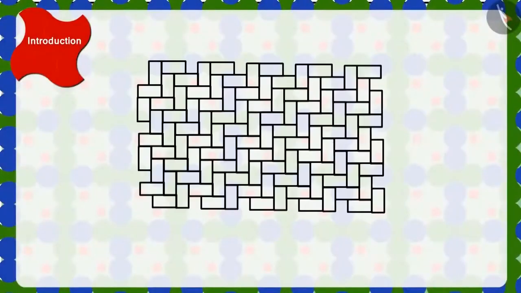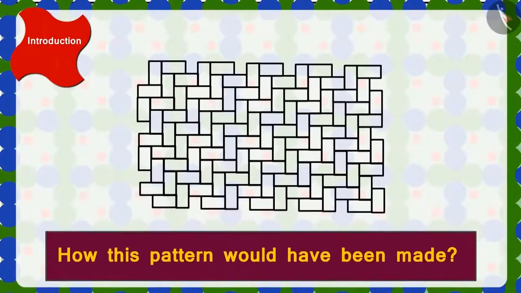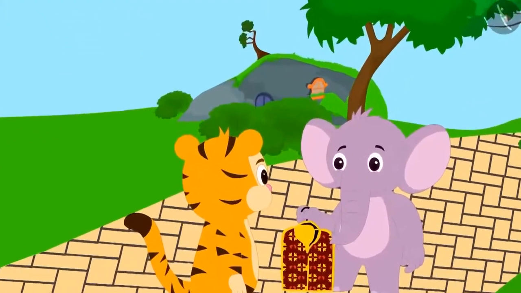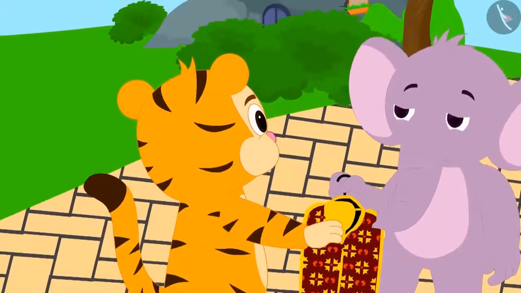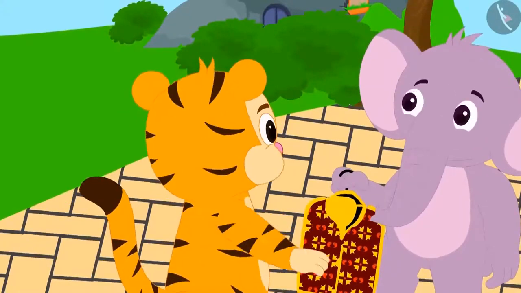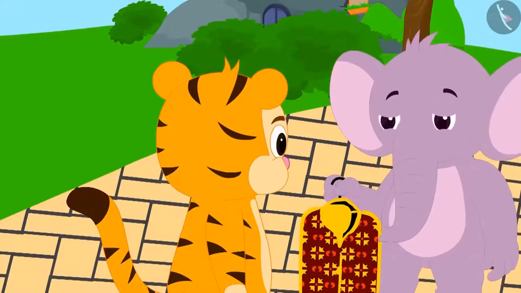Children, can you tell how these patterns on the floor are made? No. Come, let's learn it from Sher Khan. Sher Khan said to Appu that this is very easy.